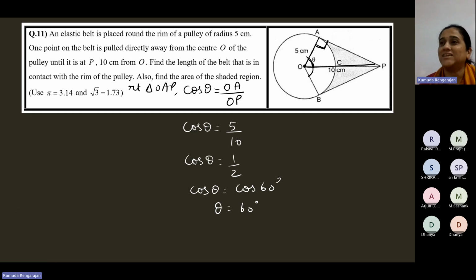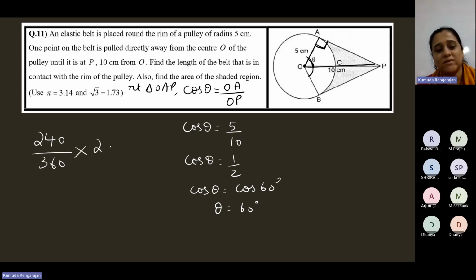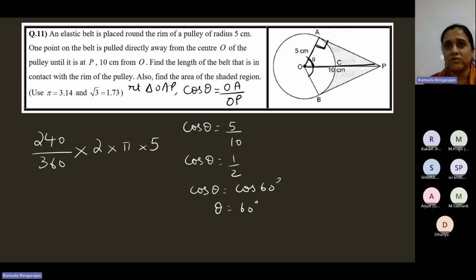So 360 minus 120, 240. 240 by 360 into 2 pi r. 2 into 22 by 7 into r. What is r? 5. They've given you the instructions: take pi as 3.14. So you'll find the length of the belt. Well, we found the length of the belt now.